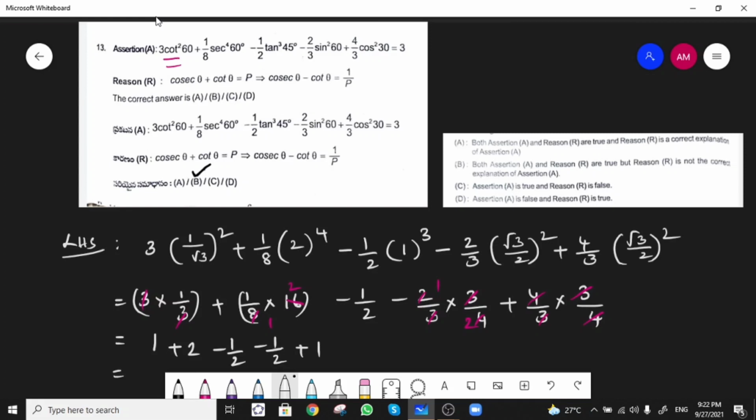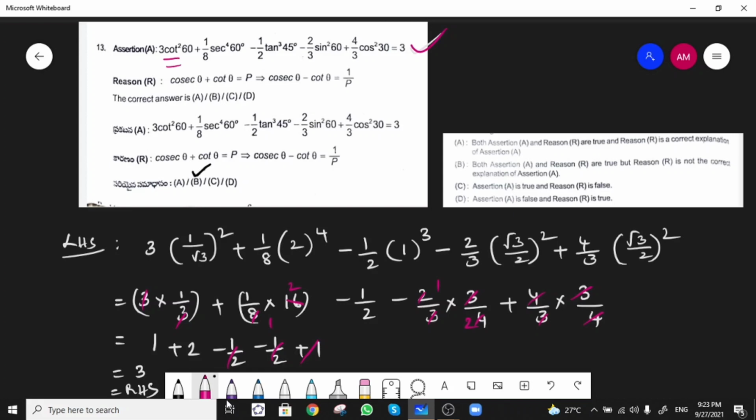So 1 plus 2, 3. So what is remaining? 3, that is equal to the right hand side. So this is a true statement. Assertion is true, so it can be A or B or C option.